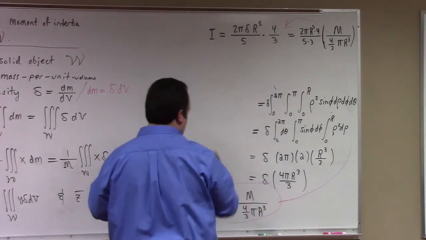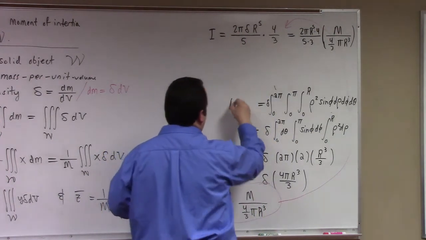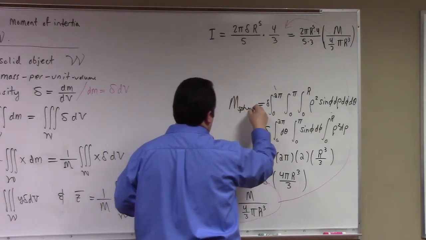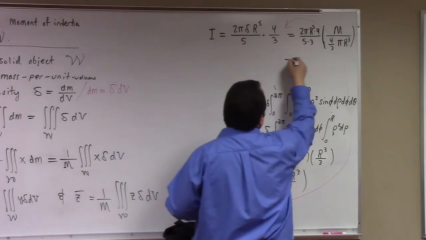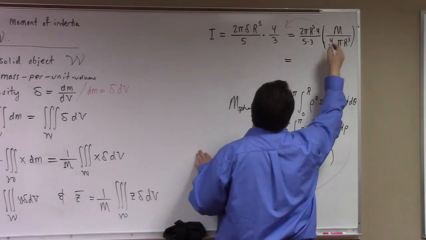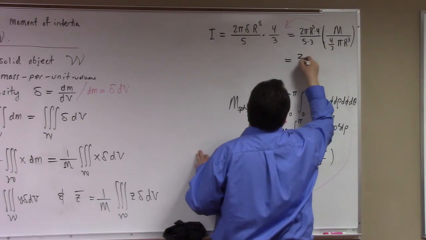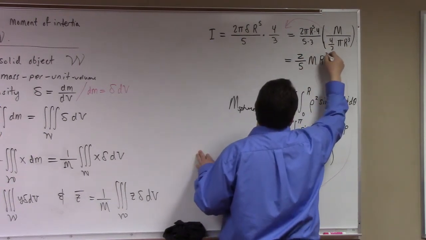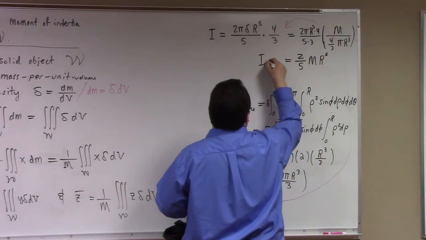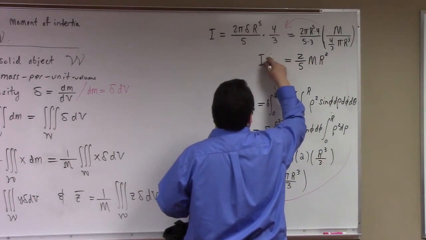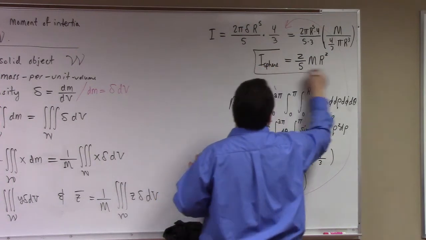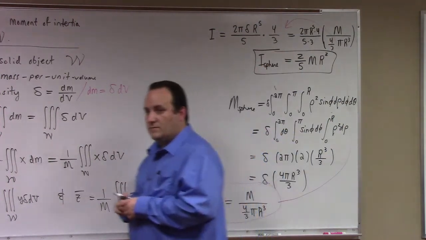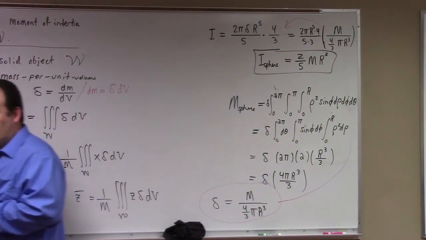So what does this work out to? 2r squared over 5. Yeah, I think 2/5, right? 2/5 mr squared. So there you go. That's the moment of inertia for a sphere, 2/5 mr squared.